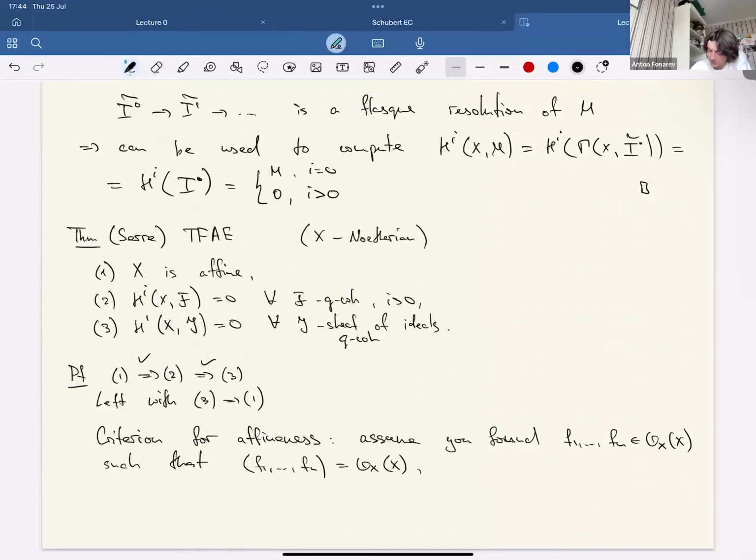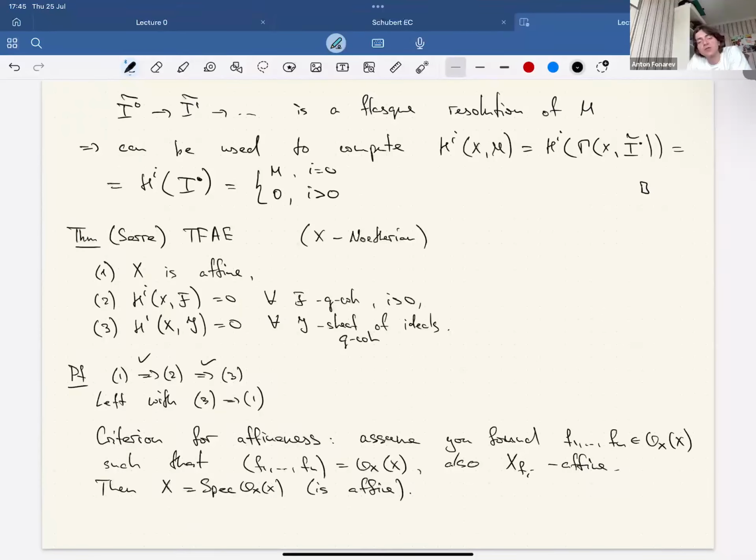And second, for each global function, you can consider the corresponding open subset where this function does not vanish, and you want all of these to be affine. Then X equals Spec of O_X(X), so in particular, X is affine.